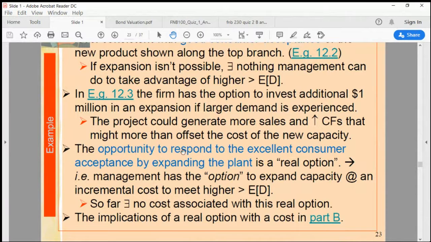Here, the opportunity to respond to the excellent consumer acceptance by expanding the plant is a real option. That is, management has the option to expand the capacity at an incremental cost to meet the higher than expected demand, right? Higher demand than the expected demand.